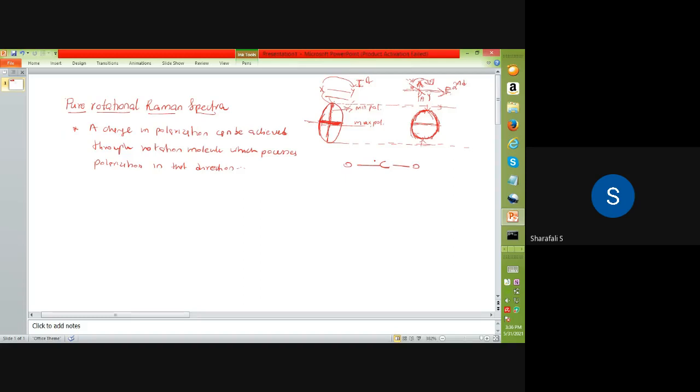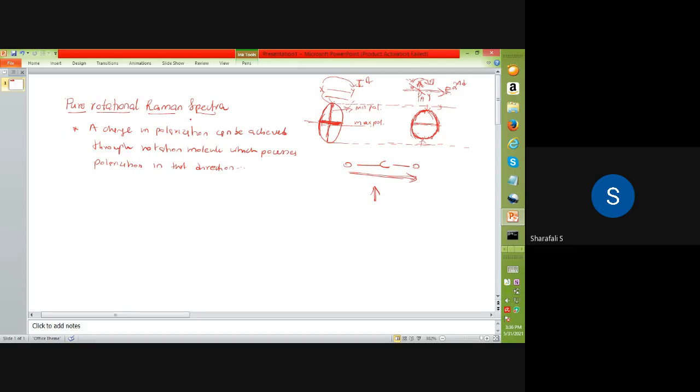So even if you apply an electric field to this particular molecule in this direction, or in this direction, this will not affect it. So it depends on that molecule also.